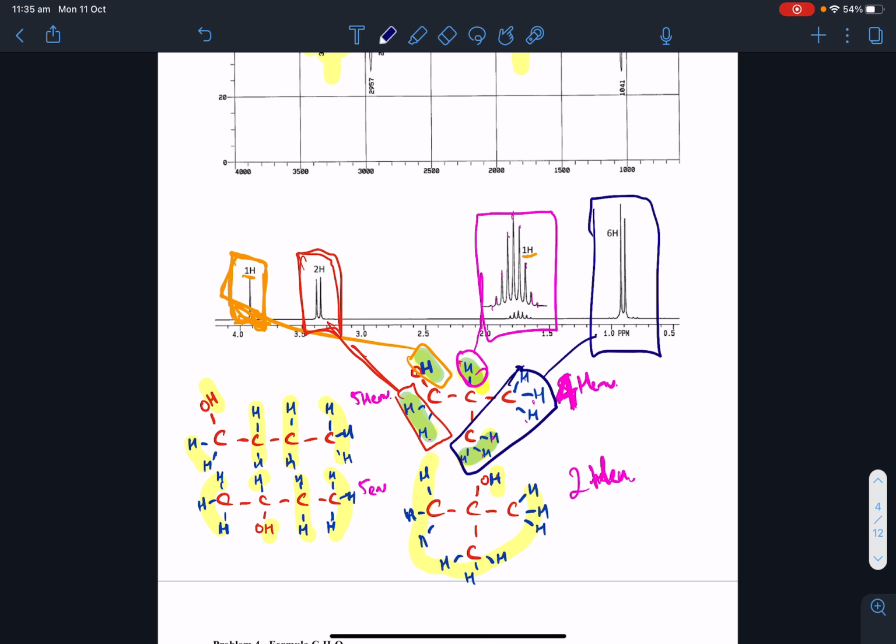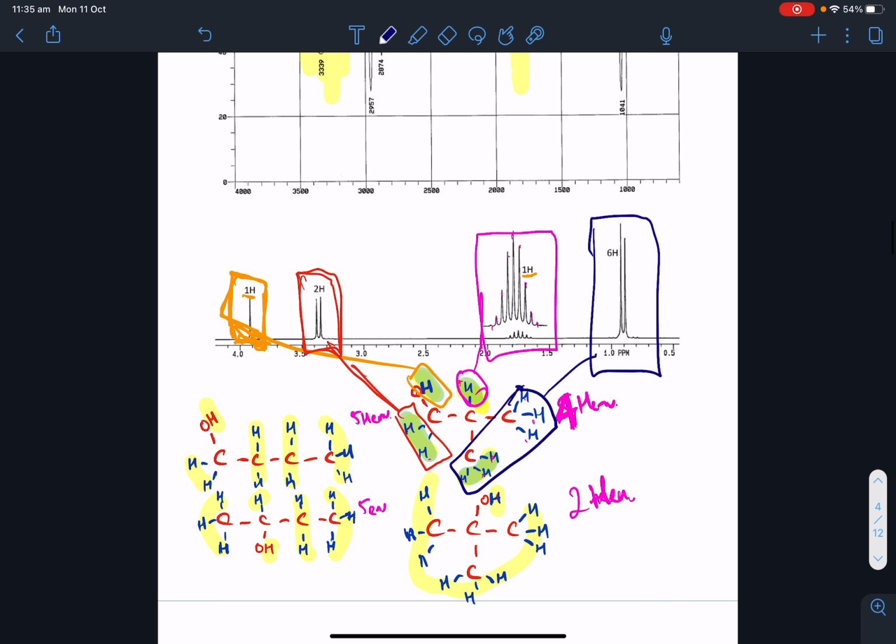All right. So it's this molecule here, which I might redraw. So it had this backbone, and it had the alcohol off there.